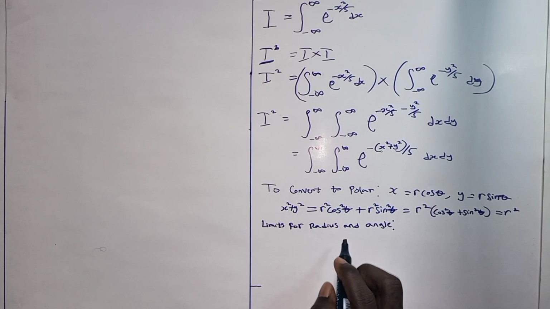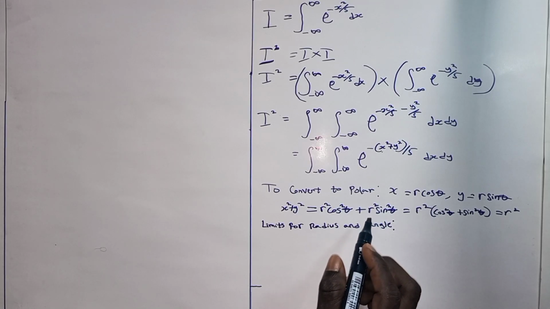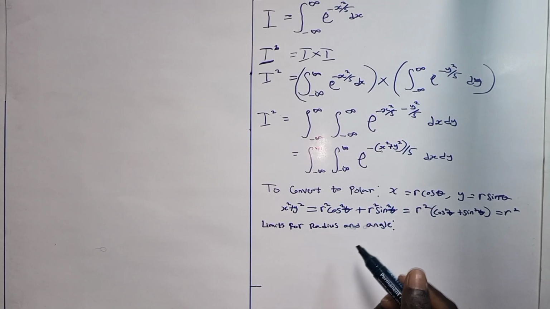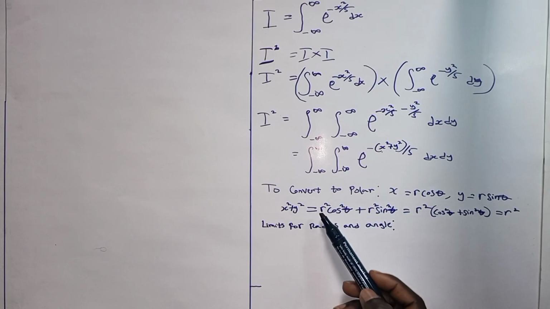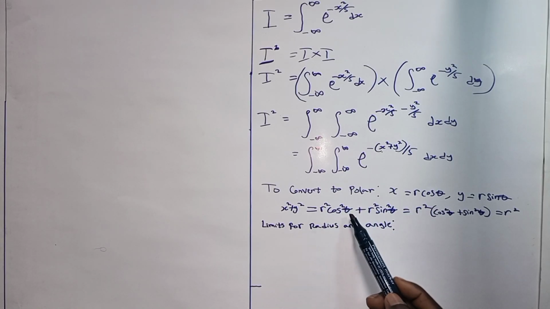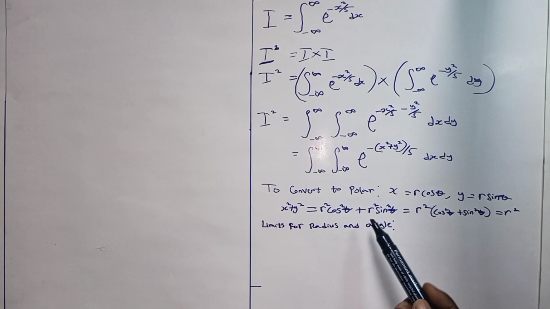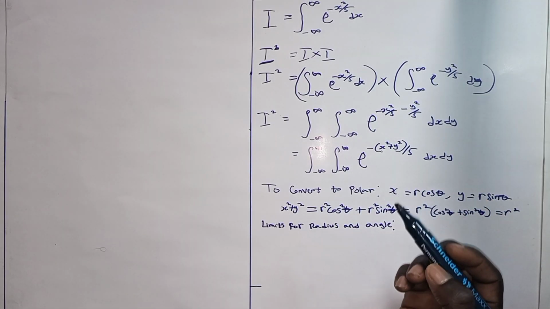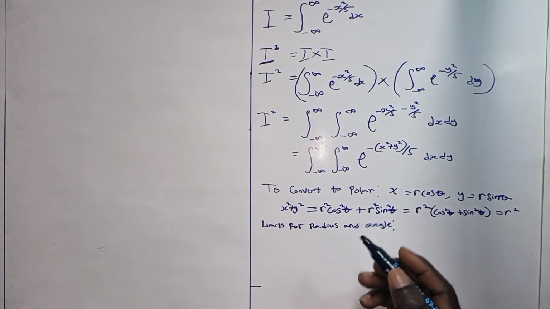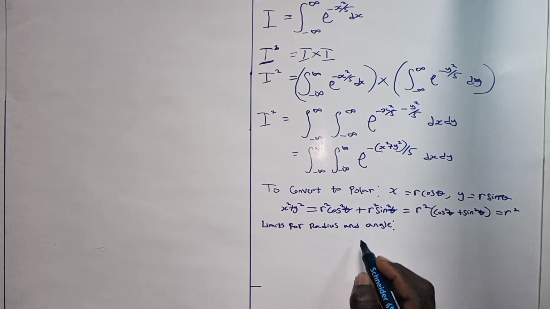To get our new limits, because we are converting from Cartesian to polar, we're changing from x and y to r, our radius, and theta, our angle. So now we're going to find the new limits as well. To get our limits, we just need to sketch the coordinates here.